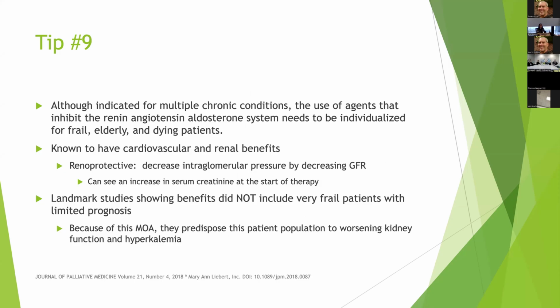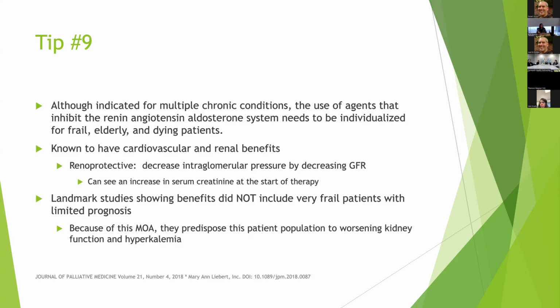Tip number 9, although indicated for multiple chronic conditions, the use of agents that inhibit the renin-angiotensin-aldosterone system need to be individualized for frail, elderly, and dying patients. So we talked about this a little bit earlier with pill burden, just taking into account the cardiovascular and renal benefits with not just these medications, but all medications, especially in our chronic kidney disease patients.